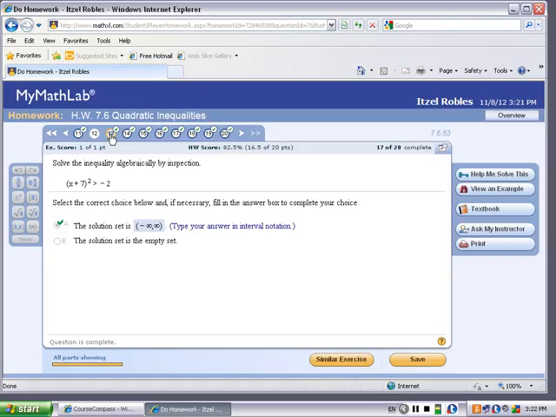Of course, it will be greater than or equal to -2, right? So that means x can be any real number. No matter what the number is, when you square it, it must be greater than or equal to 0, so it must be greater than -2.